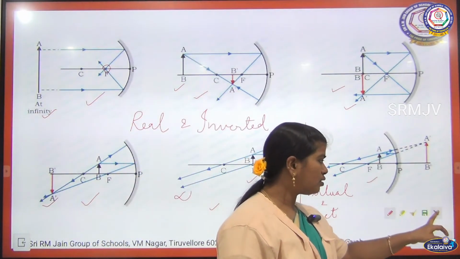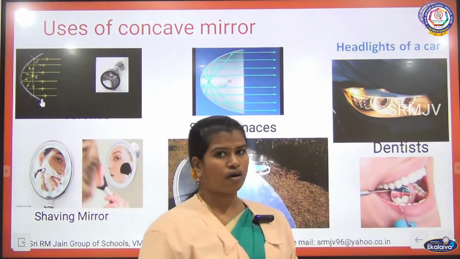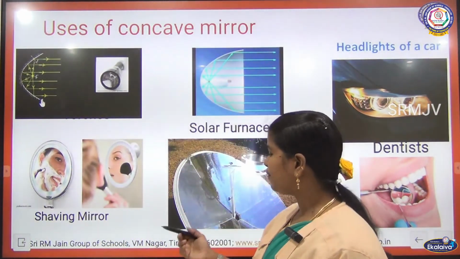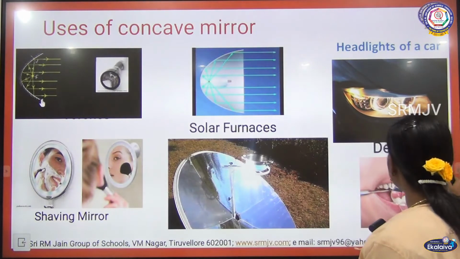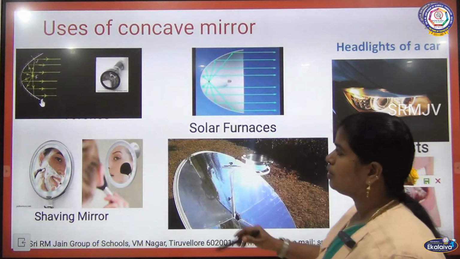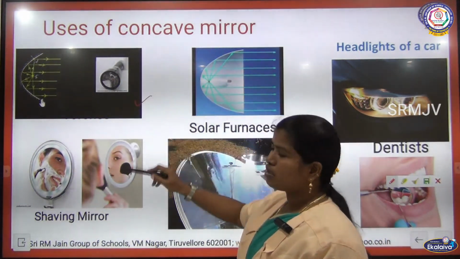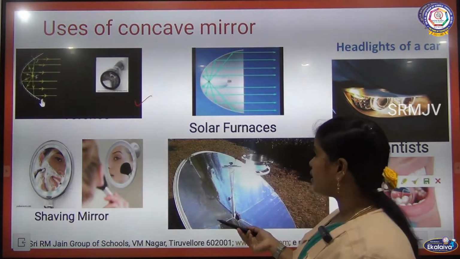Now we are going to discuss the uses of the concave mirror. The very first use of a concave mirror is in searchlights or torchlights, you can say it in any way.